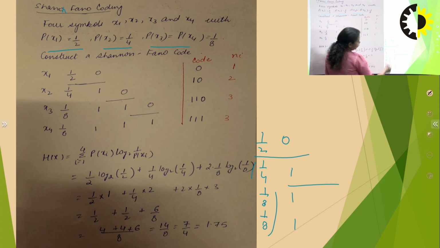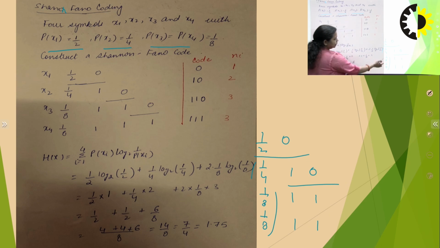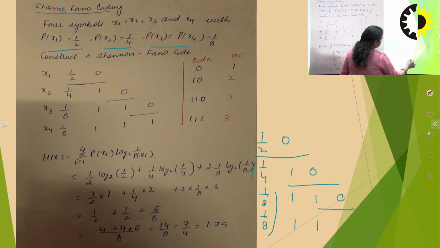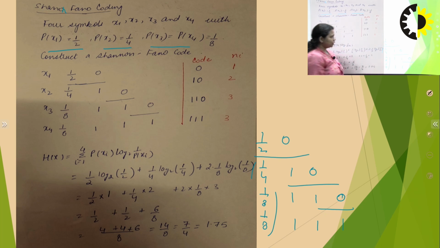We have equal probable states: 1 by 4, and the sum of the two 1 by 8 is also 1 by 4. So you give 0 here and put 1 here. Clear? Then you have 1 by 8 and 1 by 8. These are two equal probabilities, so dividing is quite easy. So you just put 0 and 1. Right? So see, the tree has been created.